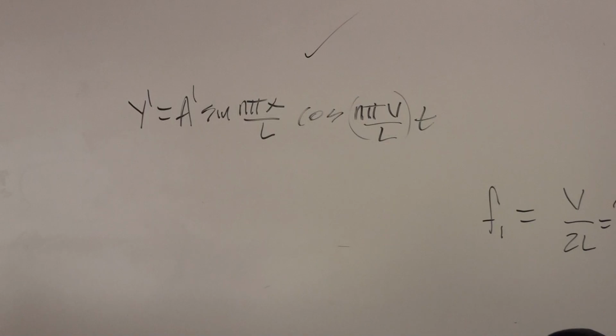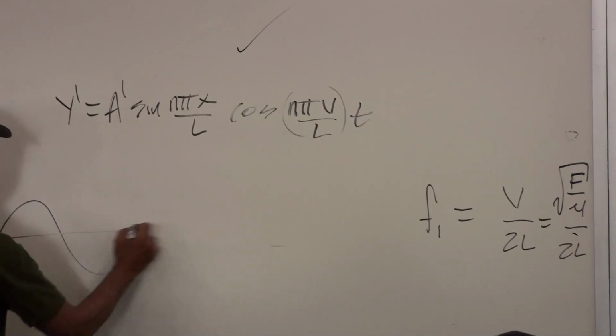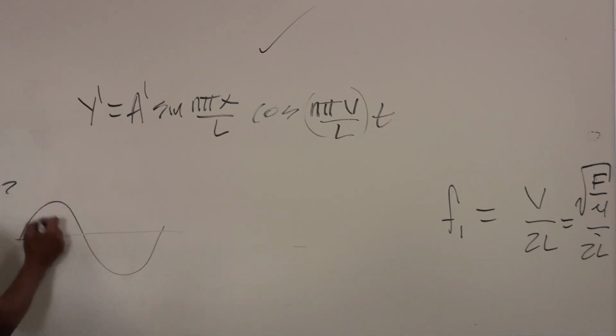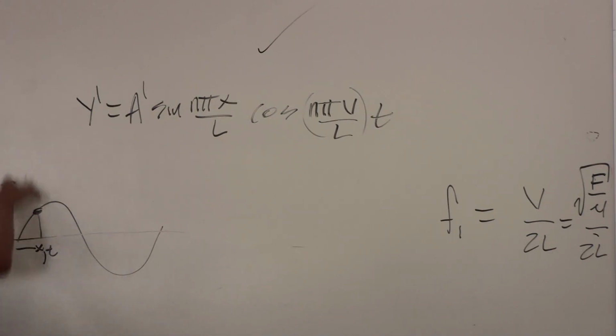And so we should be able then to identify, for any standing wave, say this would be n equals 2, should be able to go to this point of x and then wait a certain amount of time t and find the y prime at that point. That's basically what we're doing.